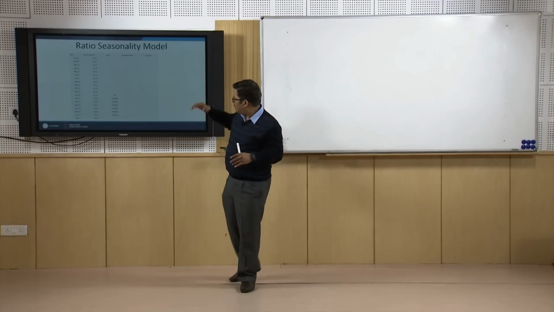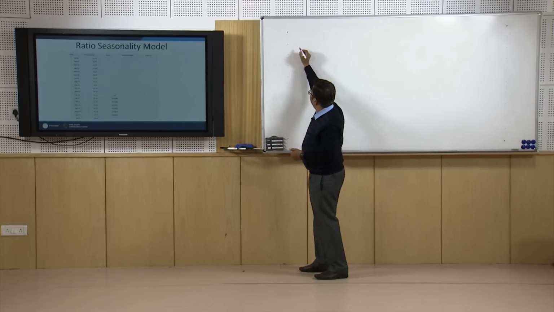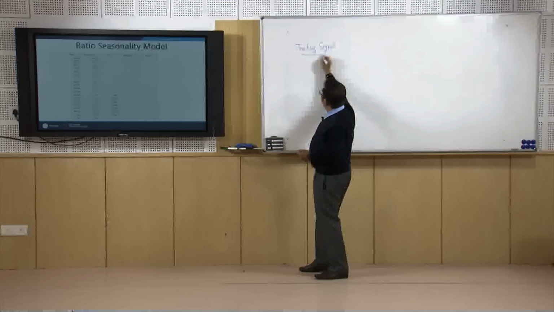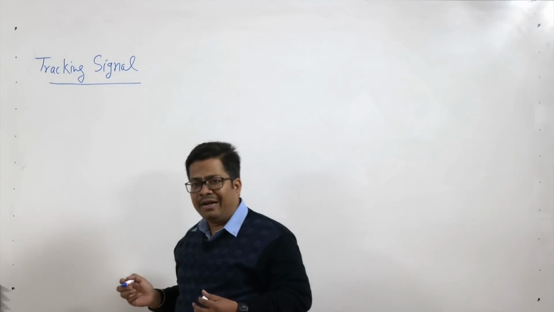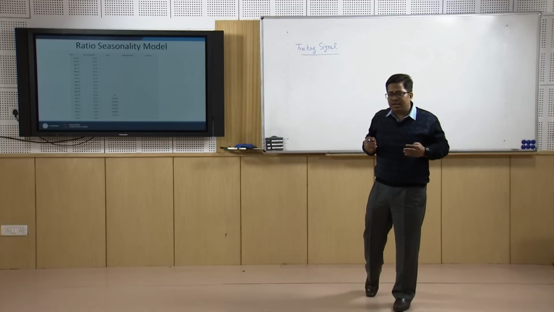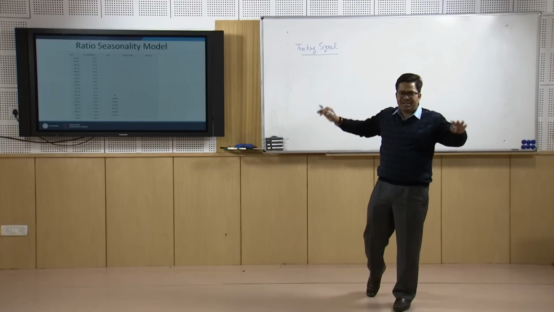That is determined with the help of one more concept known as the tracking signal. This concept of tracking signal will give us a fair idea whether our forecasting model is moving in one direction or is a balanced kind of model.